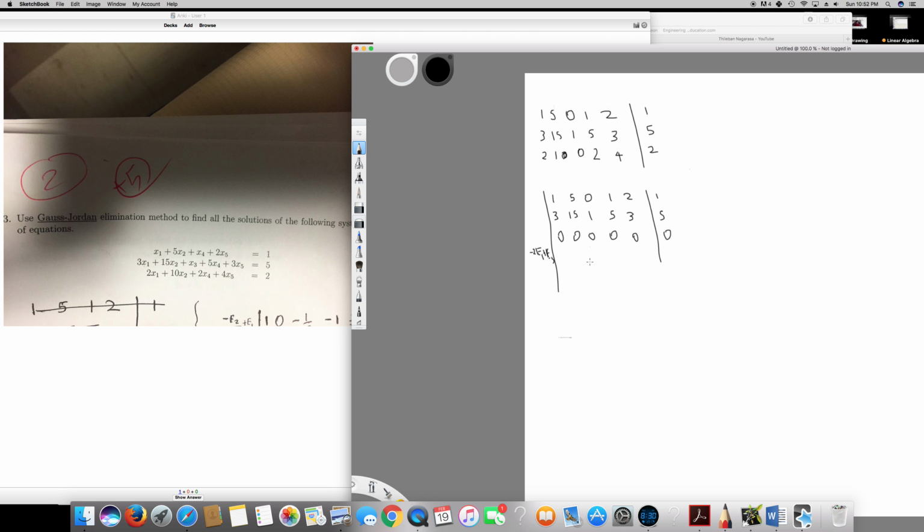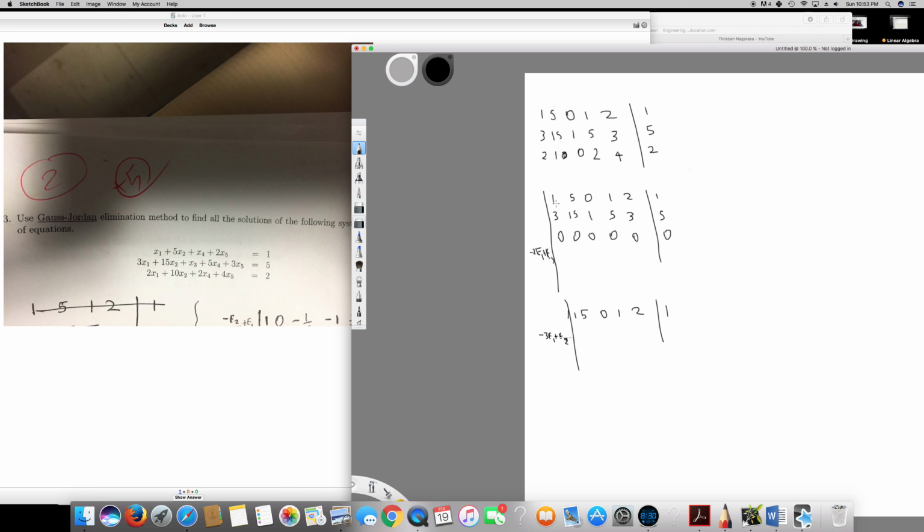So first of all, 1 5 0 1 2 1. In order to make this one 0, I have to multiply the first equation by -3 and add it to the second equation, -3 e1 plus e2.